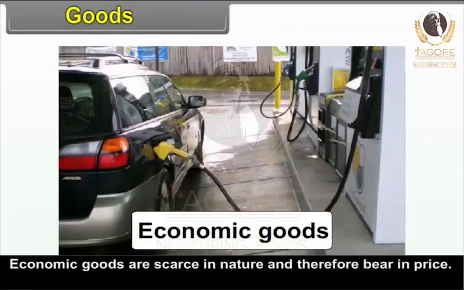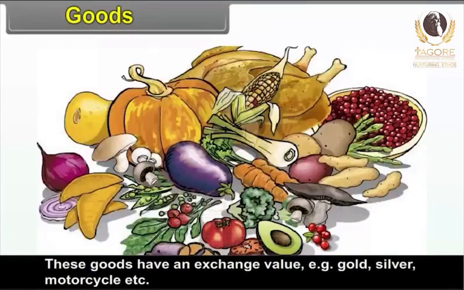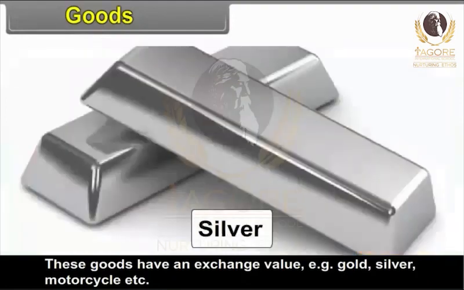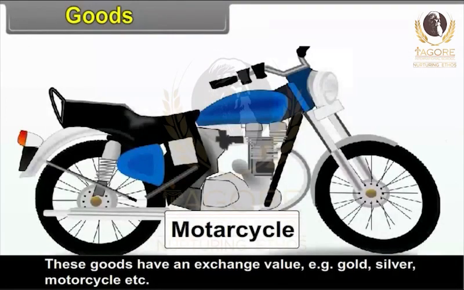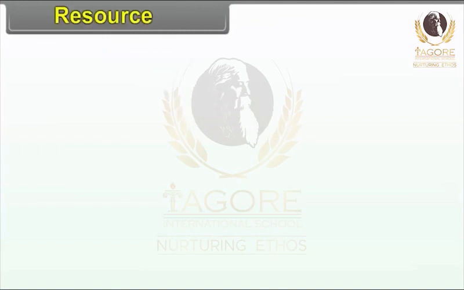Economic goods. Economic goods are scarce in nature and therefore bear a price. These goods have an exchange value. For example, gold, silver, motorcycle, etc. 2.4 Resource.